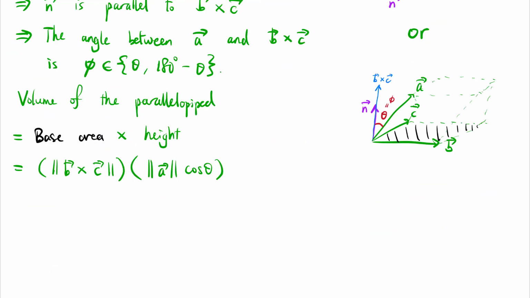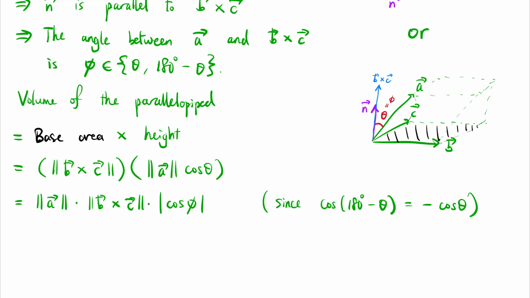Since cos of (180 degrees minus theta) equals negative cos theta, we can rewrite cos theta as the absolute value of cos phi, because cos phi is equal to cos theta or negative cos theta. So the expression becomes the length of A times the length of B cross C times the absolute value of cos phi. This is exactly equal to the absolute value of A dot (B cross C), and this completes the proof.